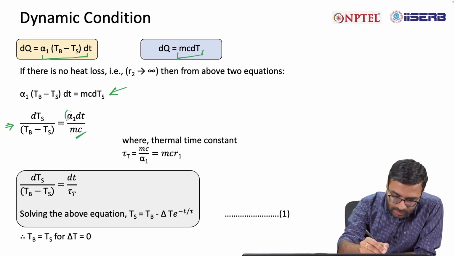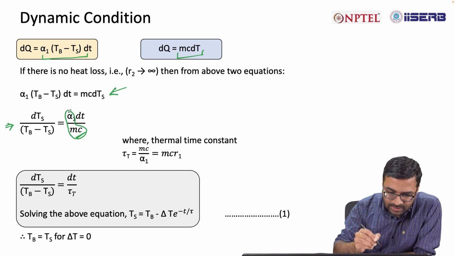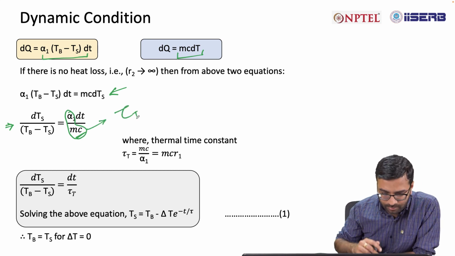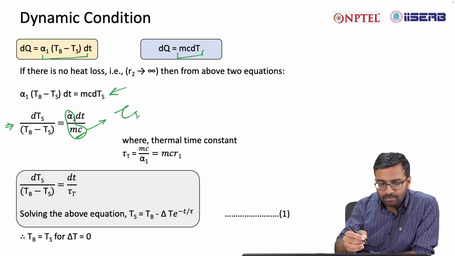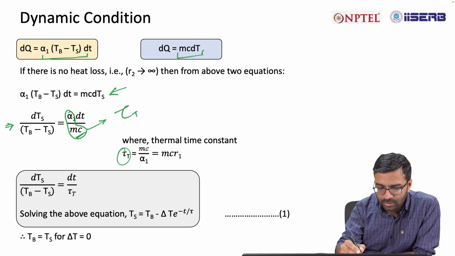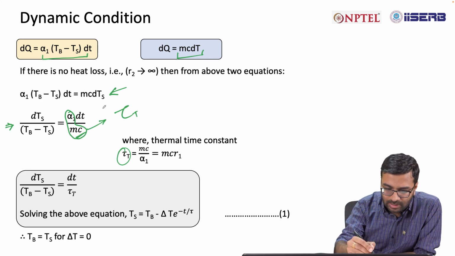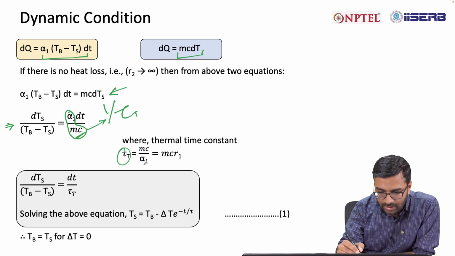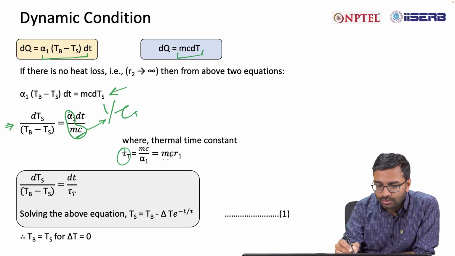And then we also have seen we can consider this as time constant, that is tau t, which is given here as m into c divided by alpha 1. Actually this should be 1 by tau t. So, your tau t is actually m into c divided by alpha 1, which is nothing but m into c into R1. R1 is the thermal resistance.